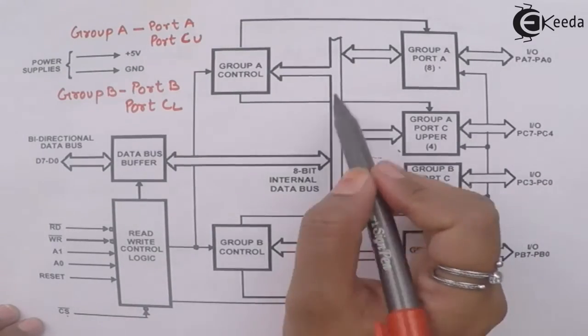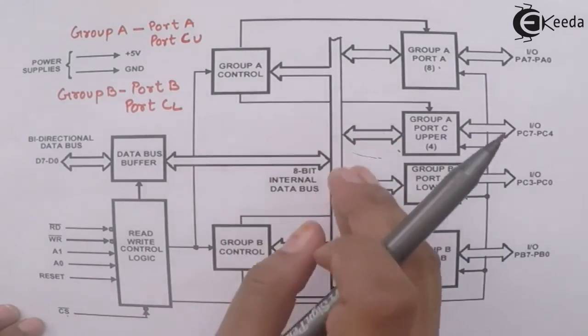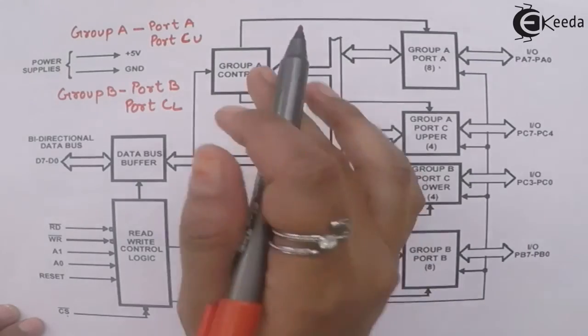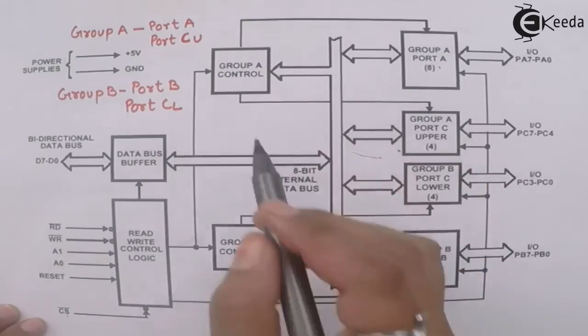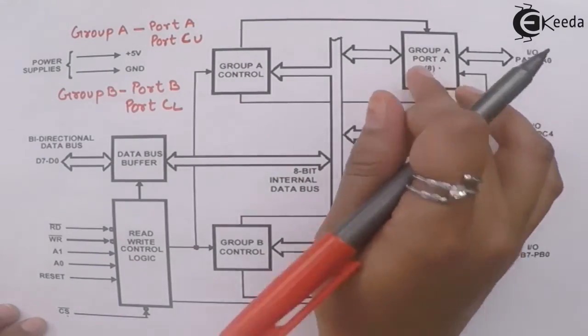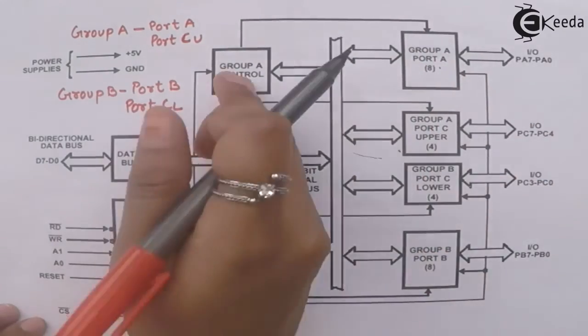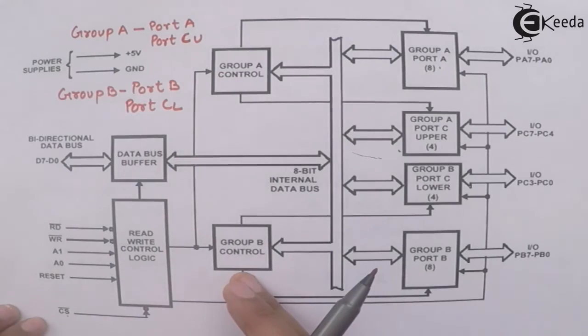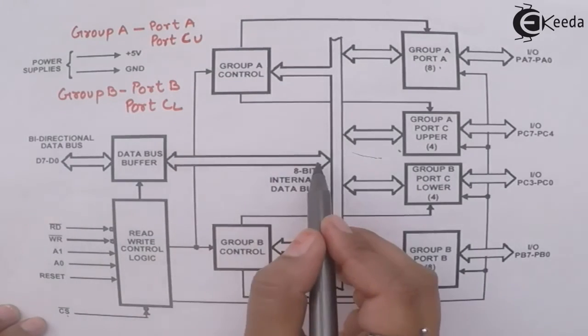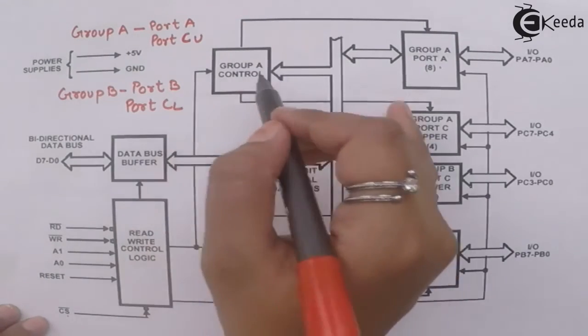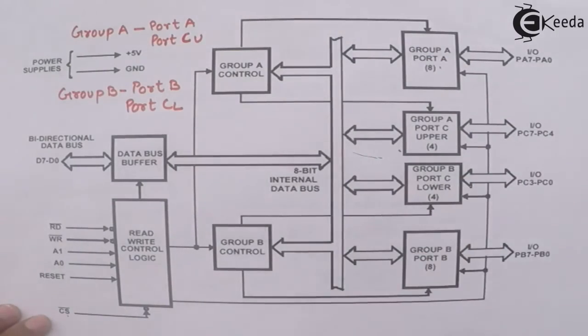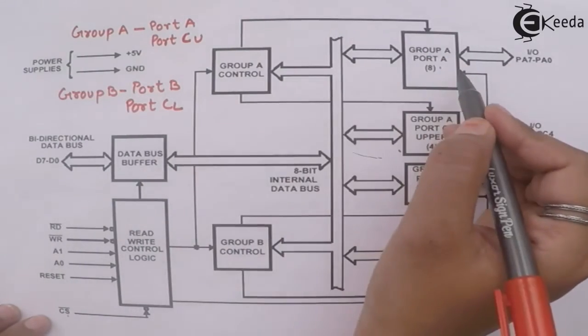These bidirectional buses are the internal data buses which transfer the data to all the blocks, and the single lines show the control signals which are given to all the ports and to group A control and group B control. The single lines are the internal control bus, through which control signals are transmitted.